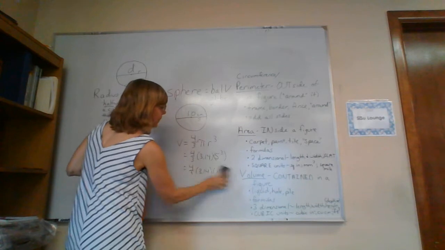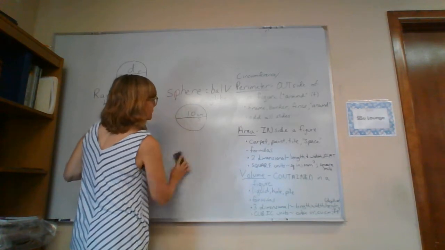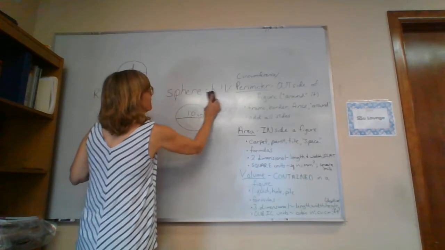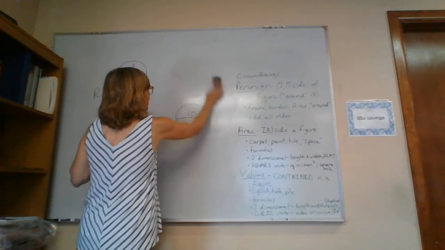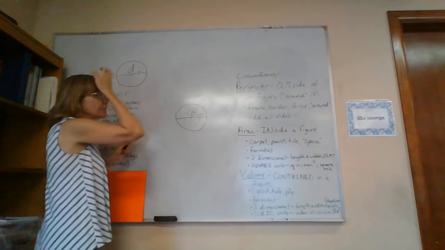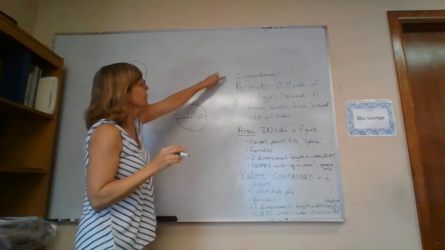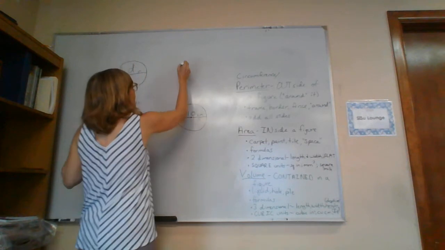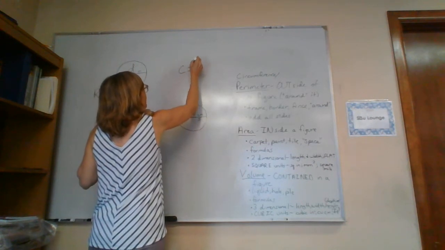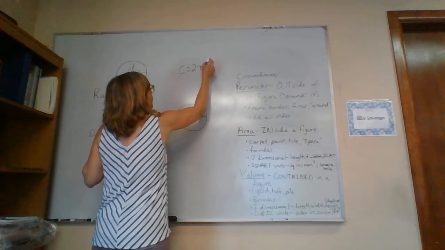Let's back up just for a second and use this exact figure, but I'm going to pretend it's two-dimensional right now. It's just this circle, and let's do one final solve on this. So circumference, I would look on my sheet, and I'd say it's 2 times pi times the radius.